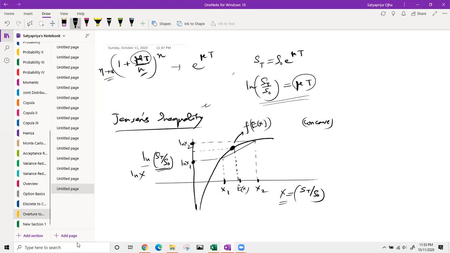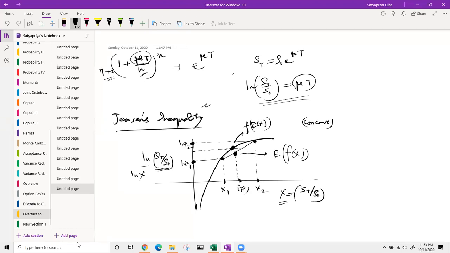And what is the average value of the function? To get the average value of this and this, this is not drawn to scale. One second. This would be the average value of the function. Correct?